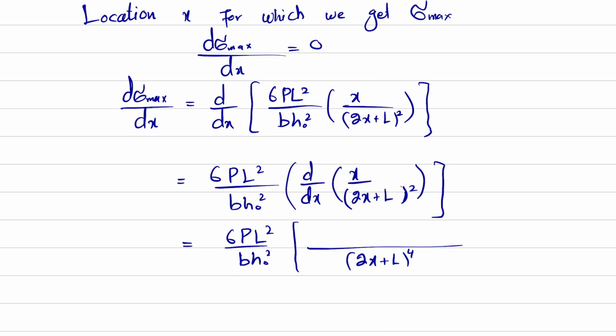Now the derivative of the first, which is x, is 1, into (2x plus L) whole square, minus the derivative of (2x plus L) whole square, which is 2 into (2x plus L) into 2, into the second term x.